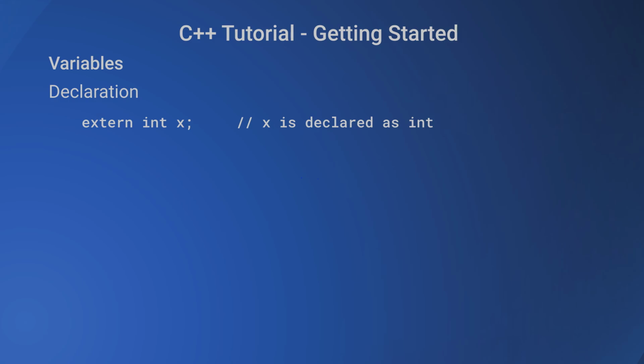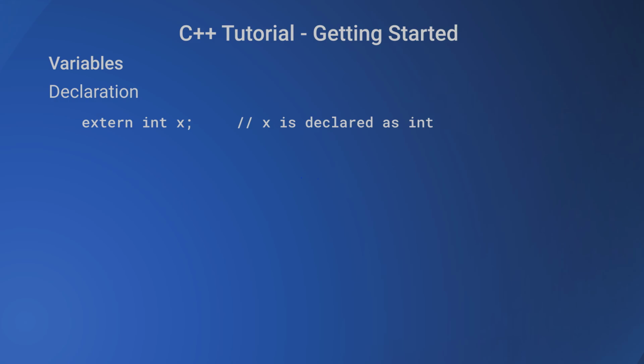A program is normally divided between multiple source files, and the extern keyword means that int x is a global variable in some other file. When we declare extern int x, we can use that variable x in the current file, and during linking, this extern int x is linked to the actual int x, which is a global variable defined in some other file.